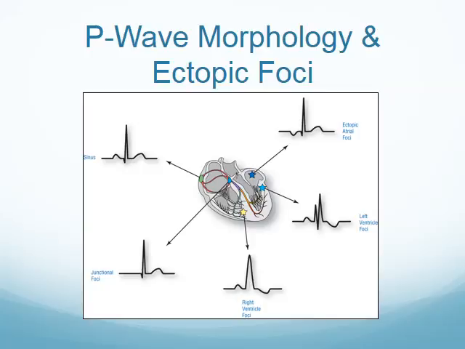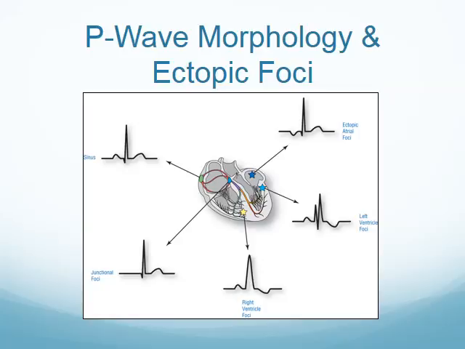In our example here, you have the sinus node originating, and this is our normal looking P wave here. If we have an ectopic or unusual atrial focus causing the stimulus, obviously our P wave is going to look different.